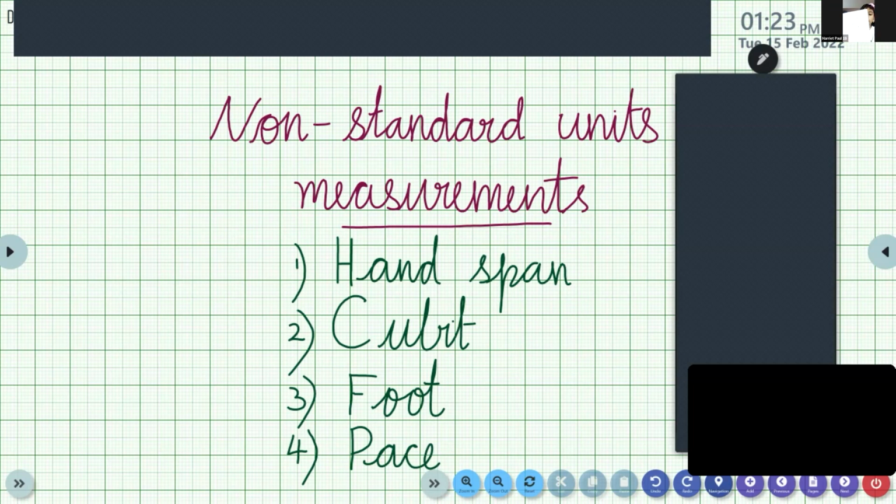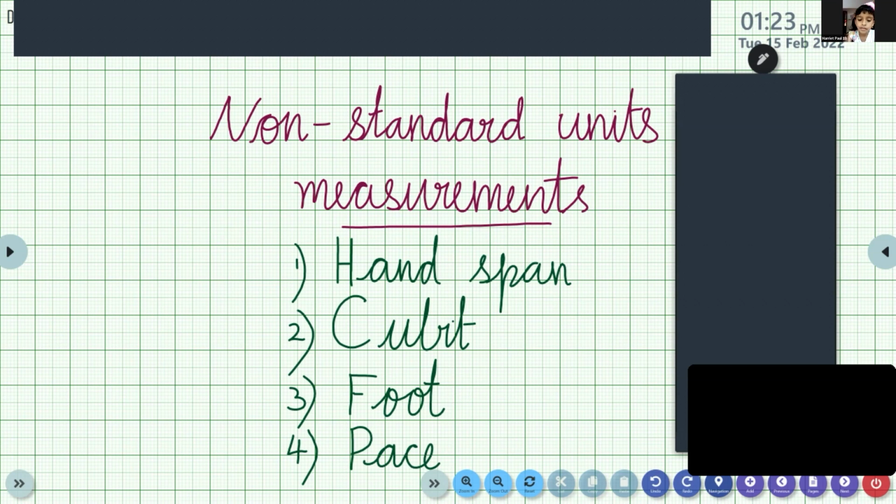Harriet has completed. Okay, Harriet, tell me what is the spelling of handspan? HANDSPAN. Cubit. Foot.